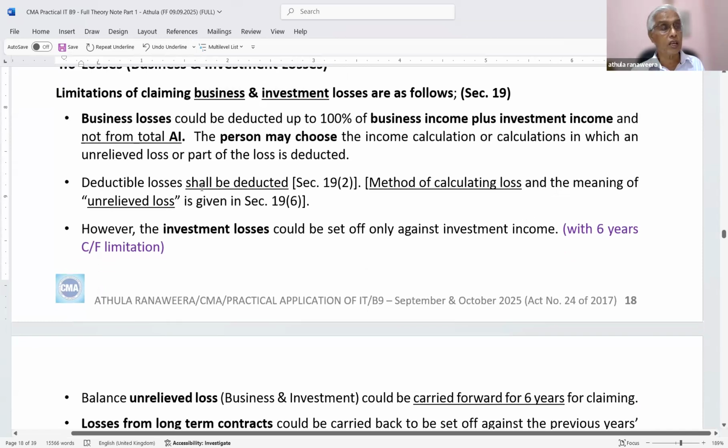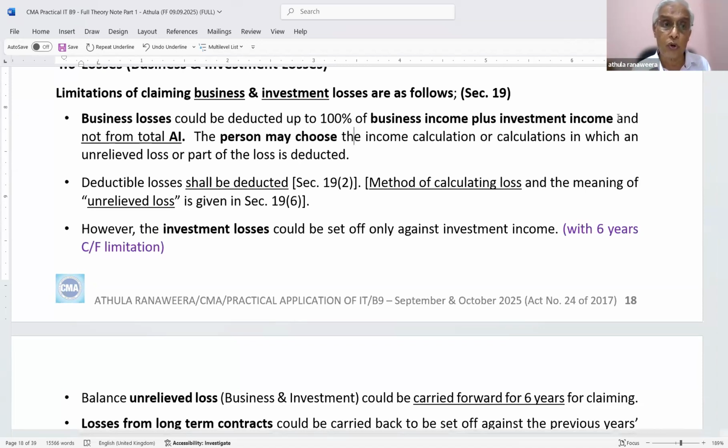Business losses could be deducted up to 100% of the business income plus investment income. No limitation. You can set off against the investment income also. However, the investment capital gain, you can't set off against.